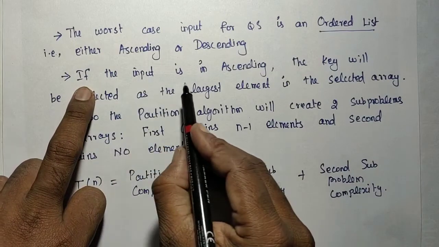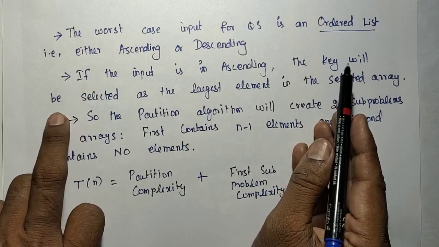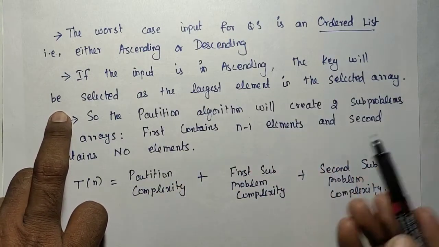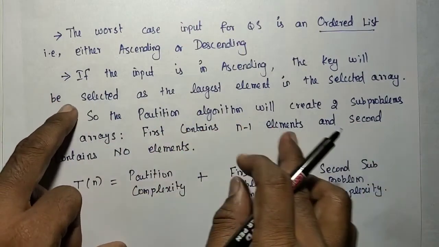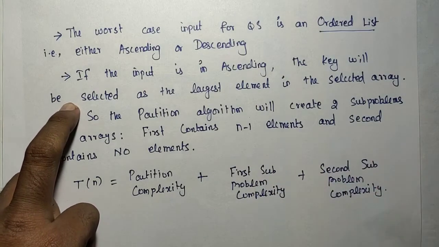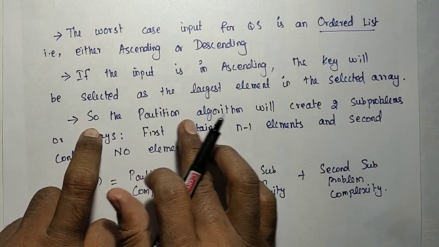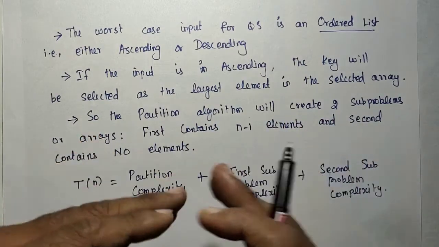If the input is in ascending order, for example, the key element will be selected as the largest element in the selected array. If the array is in ascending order, usually the last element, the largest element, will be selected as the key. So the partition algorithm will create two subproblems based on that value.